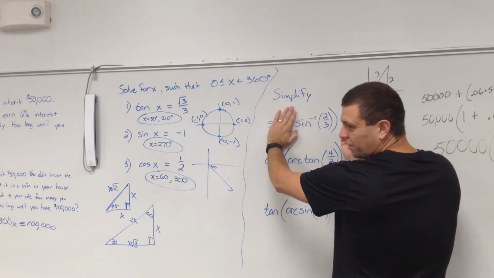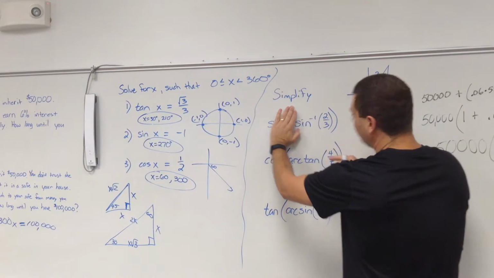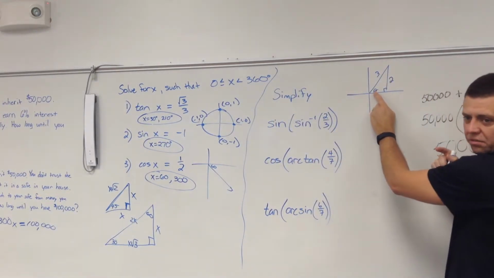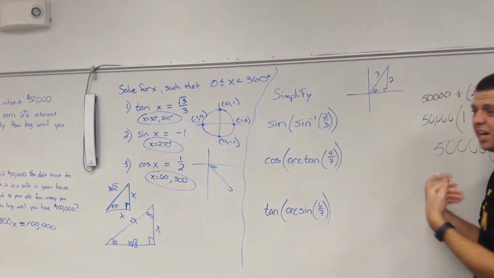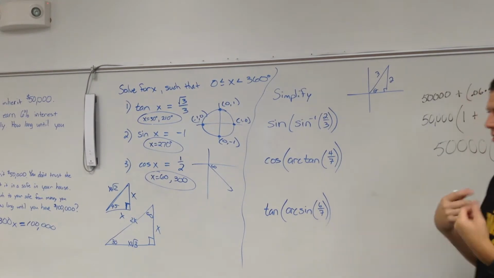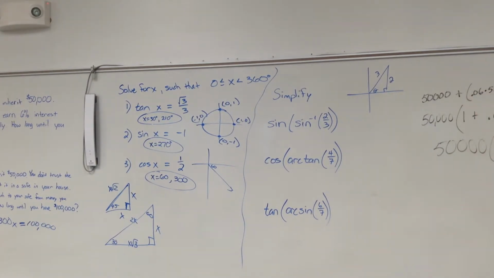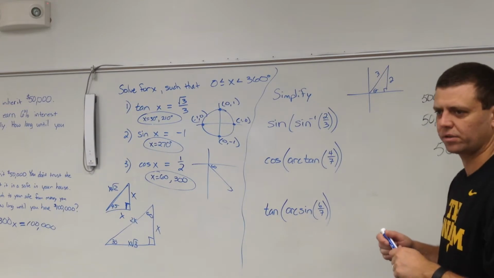Then you could go to your calculator, type in inverse sine of 2/3, and it would tell you the value of this angle right here, because that's what inverses do. They tell you the degree measure or radian measure of an angle. Yes, no, I get that with inverses? Want to see another picture to support that?